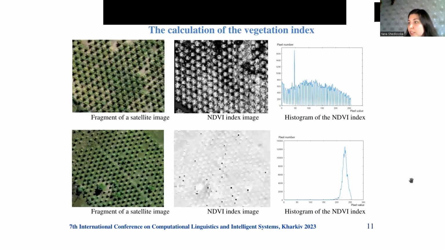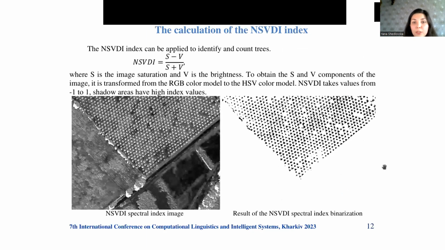And this leads to the impossibility of distinguishing the objects that correspond to trees using the histogram thresholding. In this case, other spectral features of objects in images can be used. For example, the NSVDI shadow detection index.